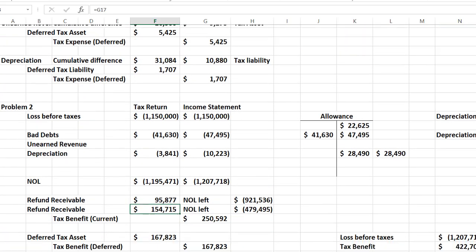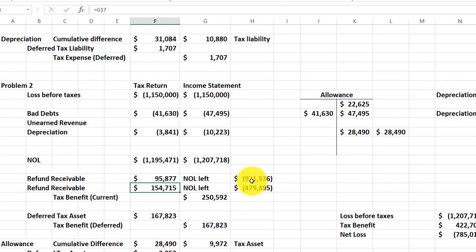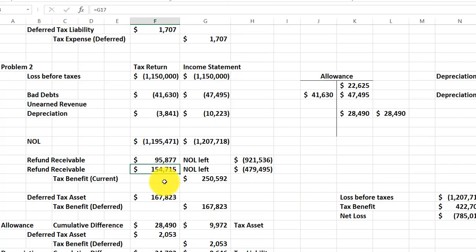That's all that counts. Okay, neither of those uses up all of the NOL, because we wipe out the income for those years and still have some left to carry forward.